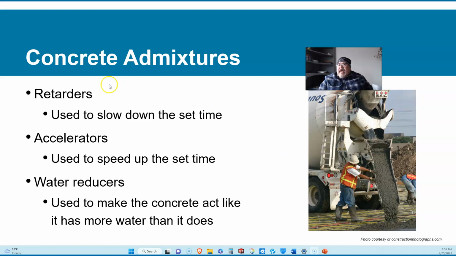Sometimes we have to add mixtures to concrete. The add mixtures are things like retarders. They're used to slow down the set time. So it's a hot day. It's not cold outside. It's well into the 90s. So we know that the concrete will cure. We said that it'll cure in 4 to 12 hours.